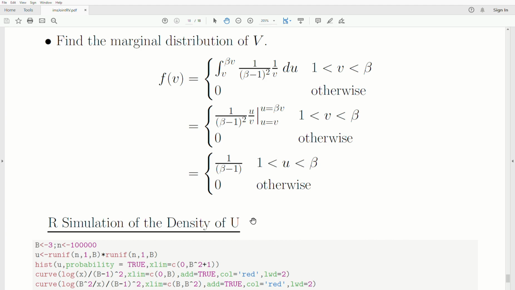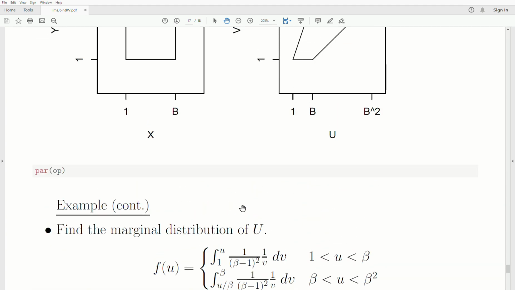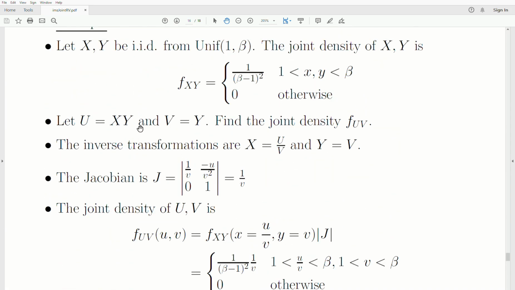Now let's do a simulation of the density of u. Now I'm going to scroll back up one more time. And u is defined as the product of these two independent uniform random variables from 1 to beta.